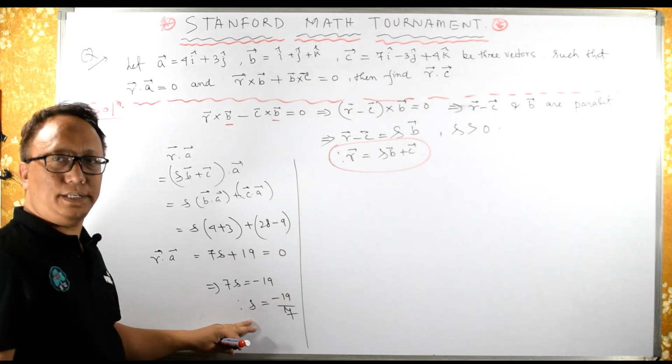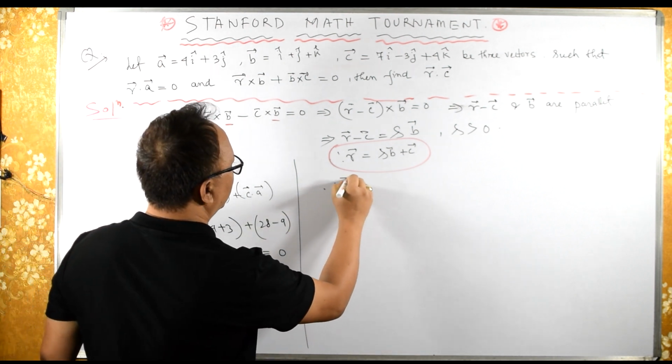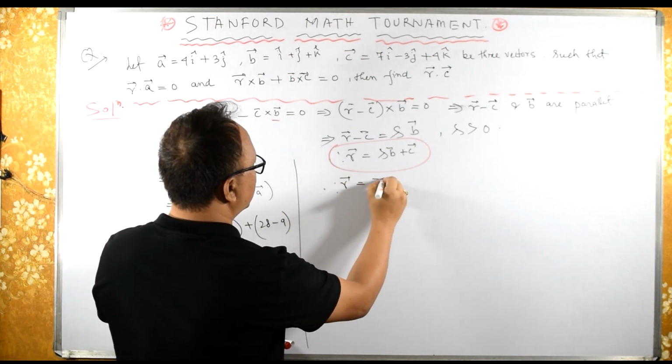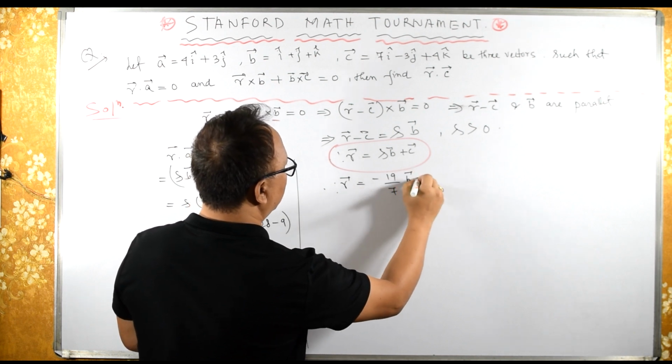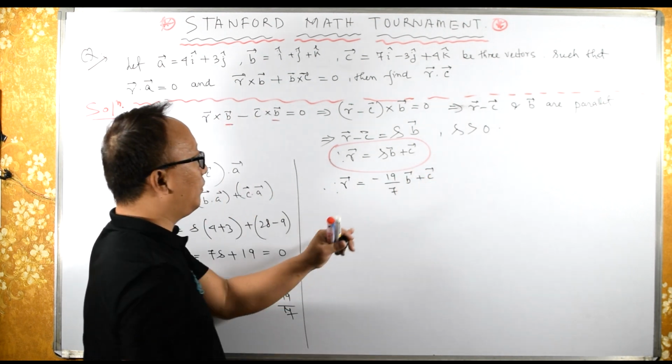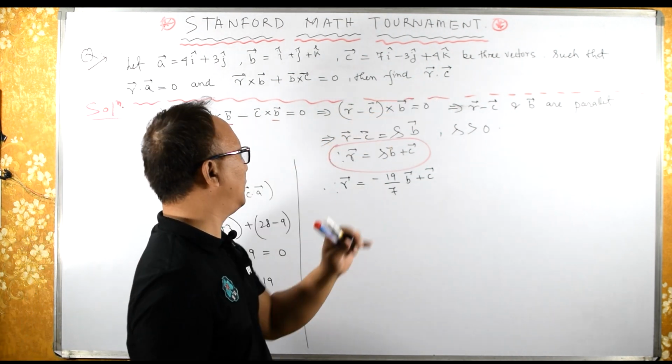Now, let's substitute this value of lambda over here. Therefore, r vector equals minus 19 upon 7 into B vector plus C vector. We have r, so we can find this very easily.